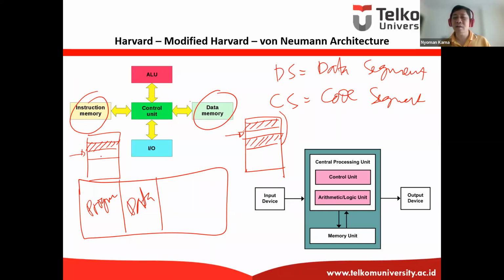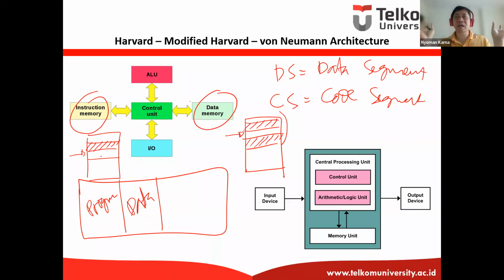But in instruction, no. The locality is, if right now I'm executing this instruction, then the next instruction will be from the next memory. So that's why the Harvard architecture splits the place for the instruction memory and the data itself.